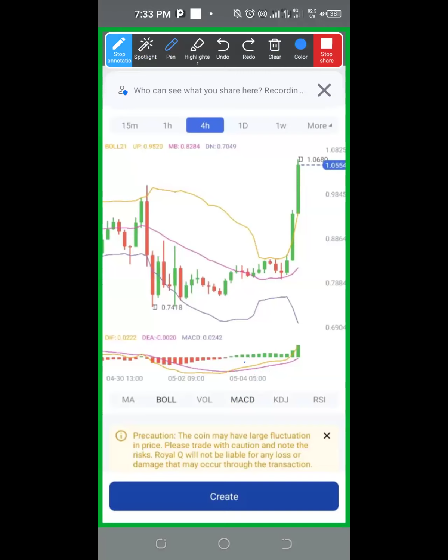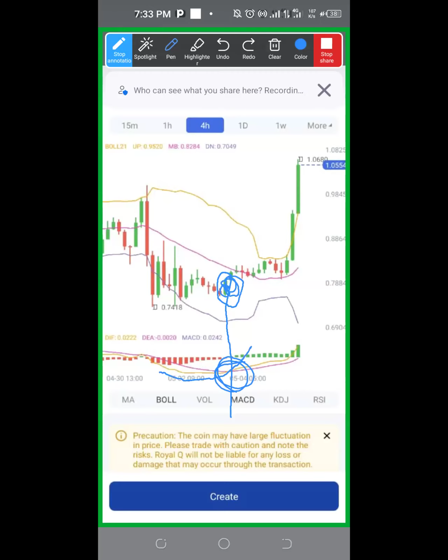here, I see that the moment it crossed, it formed a bullish engulfing candle. I see this candle. The moment the yellow one crosses the purple one like this, it is telling you that this coin is about to pump.